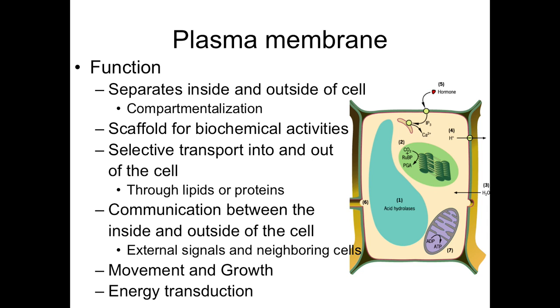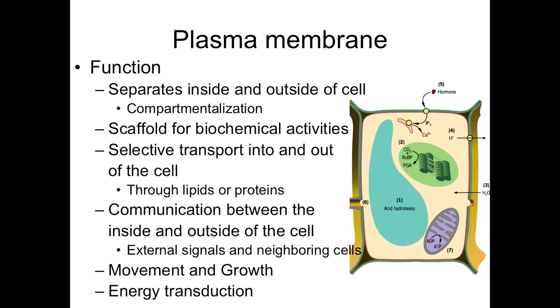And we see that in organelles. We see the photosynthetic machinery embedded in the chloroplast membranes. We see the respiratory machinery embedded in the mitochondrial membranes. And we see many proteins responsible for building oligosaccharides or polysaccharides embedded in the membrane of the Golgi apparatus.